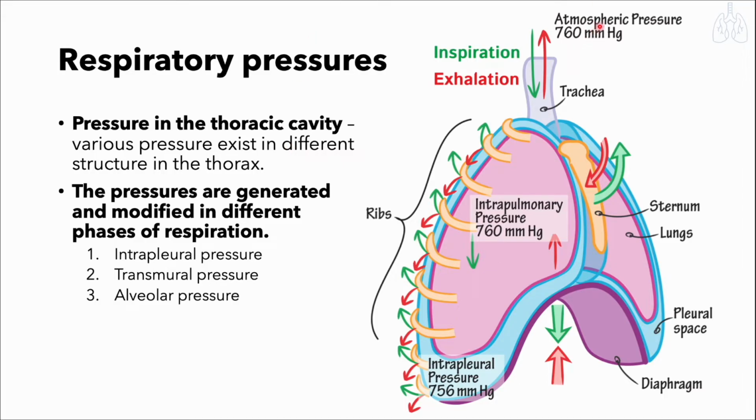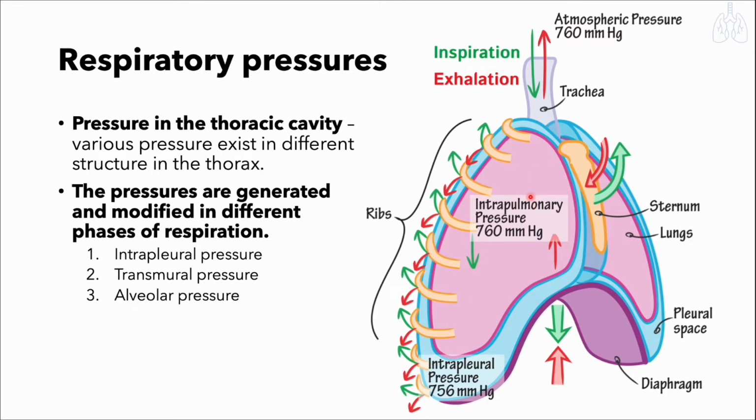Number one, we take a look at the outside environment first. In the outside environment, we have the atmospheric pressure, which is 760 millimeters of mercury. Then deep inside the lungs, you have the intrapulmonary pressure.